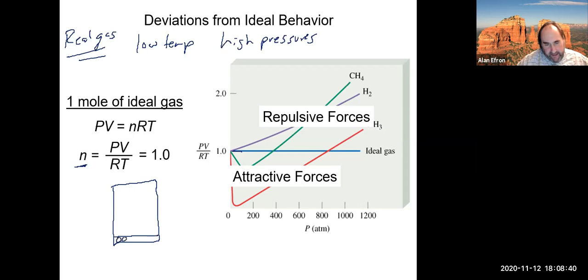Which means if you have all these gas molecules in a very, very small area, a couple of things do come into account. One of them, as you can see in my really badly drawn picture, is that the little circles, which represent the gas molecules, have an actual volume that is important compared to the overall volume of the container.